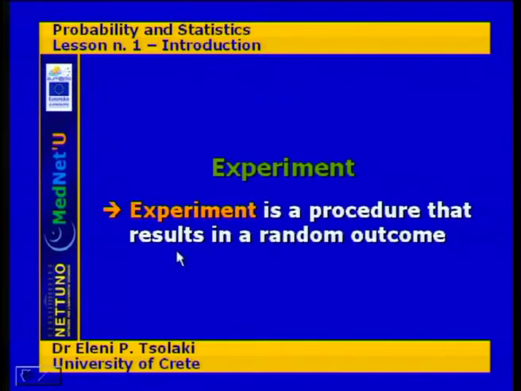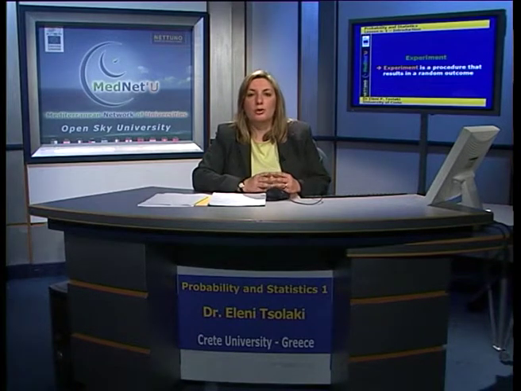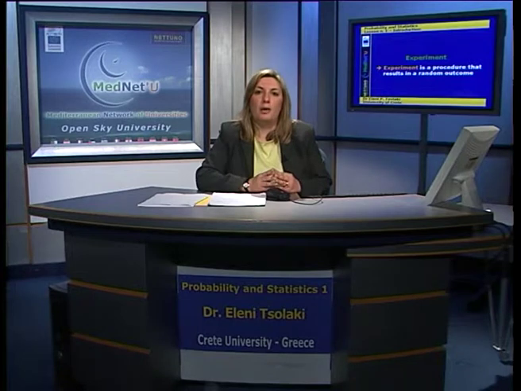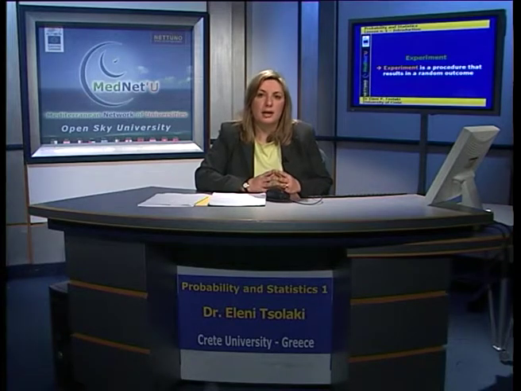We saw many experiments. We saw some examples of experiments. An experiment is a procedure that results in a random outcome. Tossing a coin was an experiment. Rolling a die was an experiment. Another experiment would be to draw a card from a deck of 52 cards.